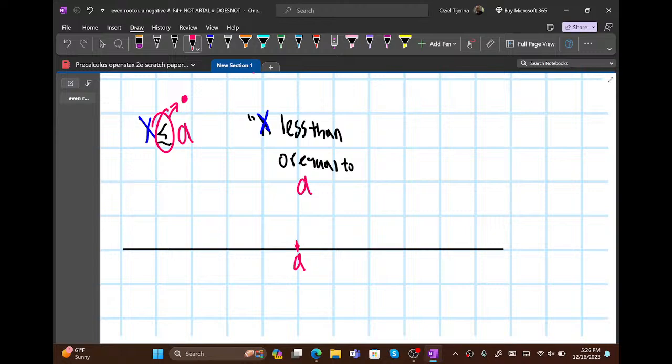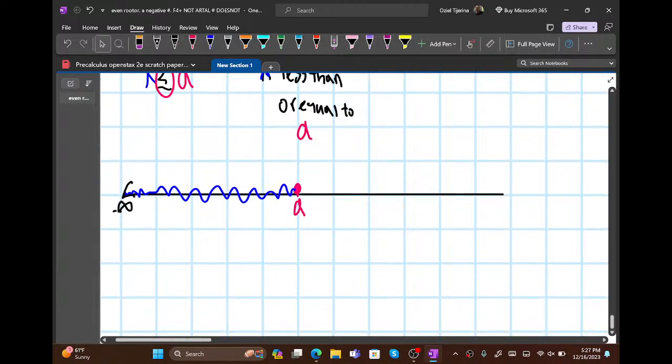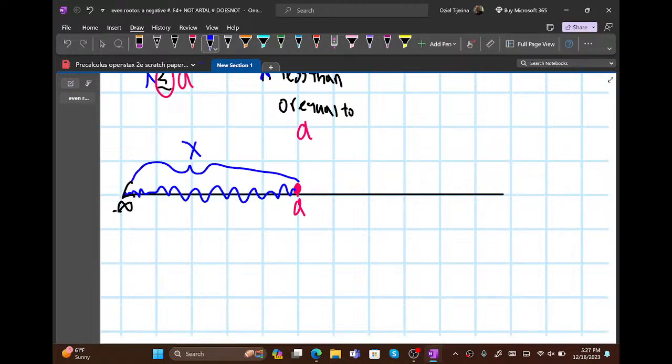So we put a closed dot here at a, and then we shade all the numbers that are less than or equal to that. So it's shading to the left. Here is the representation of x, whatever number is less than or equal to a.